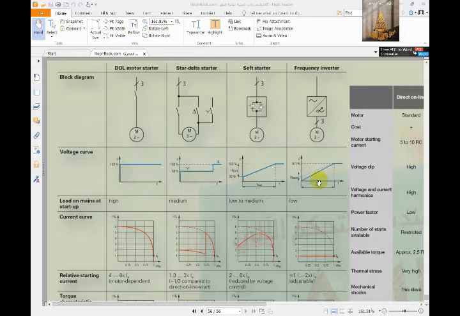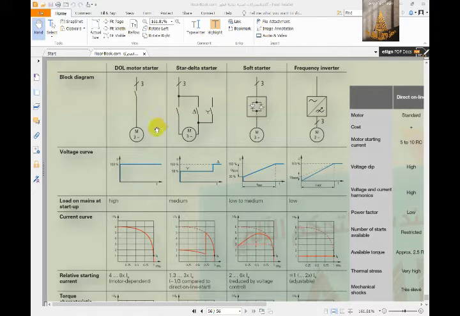This comparison is very important for every controlling engineer, or everyone who works in control engineering systems. The most common types are the direct online motor starter, the star delta starter, the soft starter, and the frequency inverter. Okay.